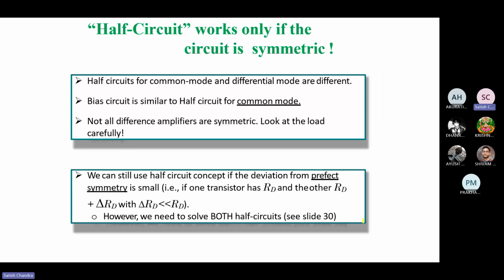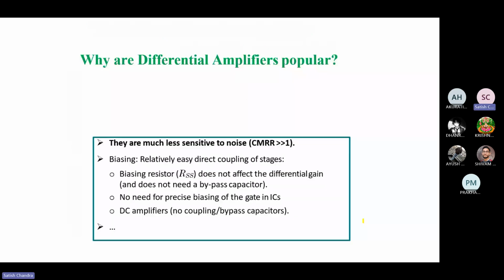The bias circuit is similar to the popular one, because these amplifiers are much less sensitive to noise. Less sensitive means it is rejecting that noise.